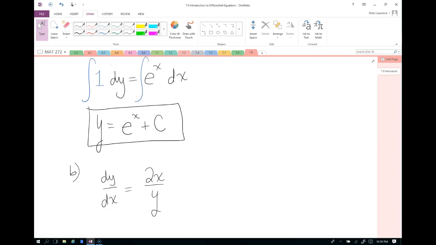Division is perfectly fine. We can always think of this, if we needed to, as multiplication. Instead of dividing by y, that's the same as multiplying by 1 over y. It's the same exact thing. So we can write this as a product of a function of x and a function of y.